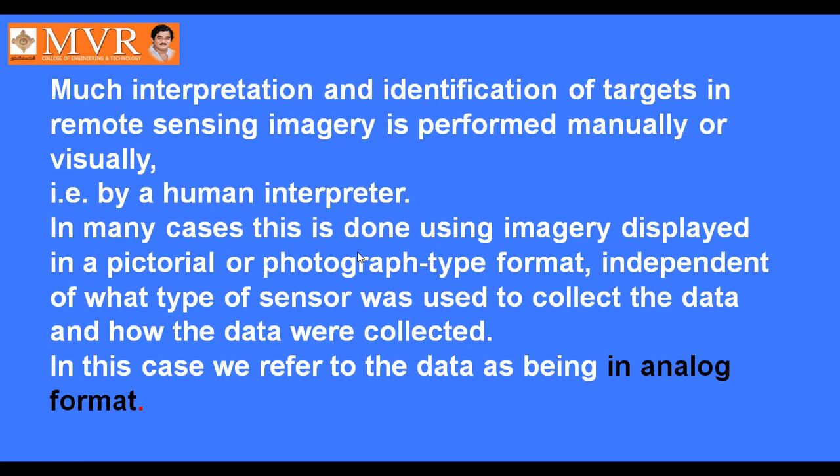For example, if you take any analog image of our college, whenever you see that analog image, you can observe one U-shaped building, the ground, and some trees, like that only.